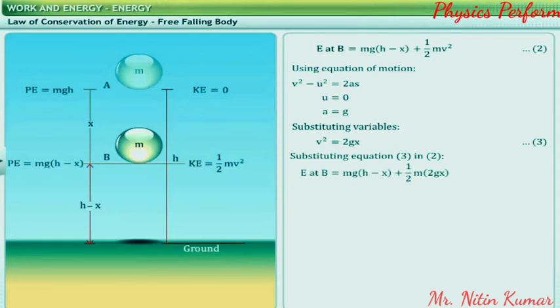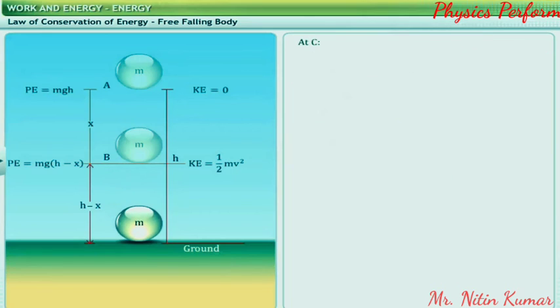Substituting equation 3 in equation 2 and simplifying, the total energy at B equals mgh. Thus, the total energy at B is again equal to the total energy at A. Let this denote equation 4.